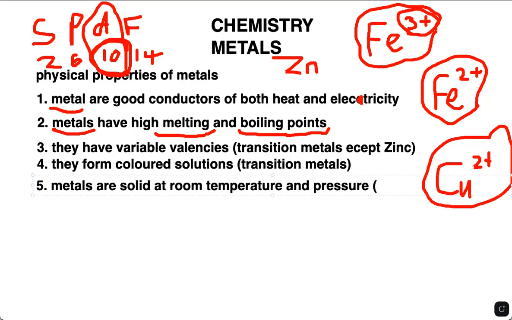But it's not always the case. Even here, there's an exception, except for mercury. Mercury is Hg. Mercury is the only matter which is a liquid at room temperature and pressure.